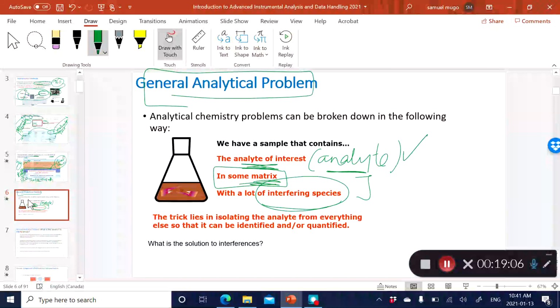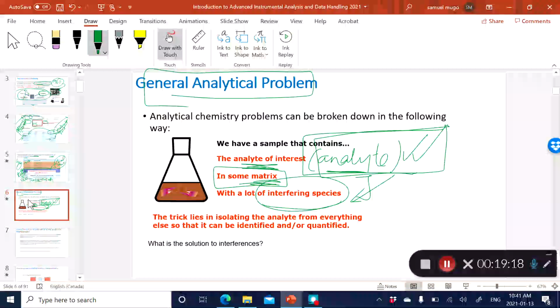How do I make an instrument that mainly responds to my analyte, and the interfering species do not get in the way of detecting the chemical species of interest? So what is the solution then to interfering species or to matrices? And that's what analytical chemists really solve in different types of industries.